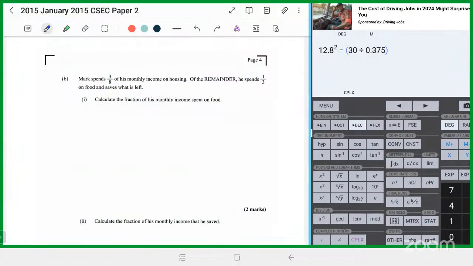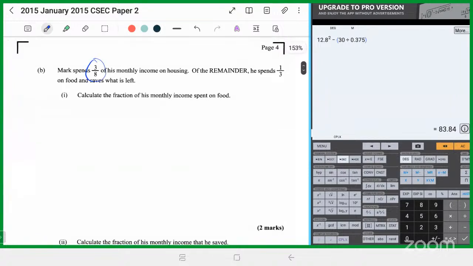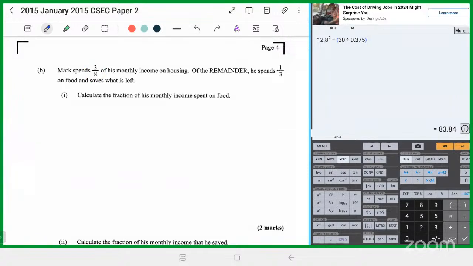This question says Mark spends 3/8 of his monthly salary on housing, and then spends 1/3 of the remainder on food. If he spends 3/8, then the remainder is 5/8. Let's make a note of that. The total must be 8 parts, so 3/8 gone to housing, then the remainder is 5/8 of the salary. Of this 5/8, he's spending 1/3 on food, and then he saves the rest.